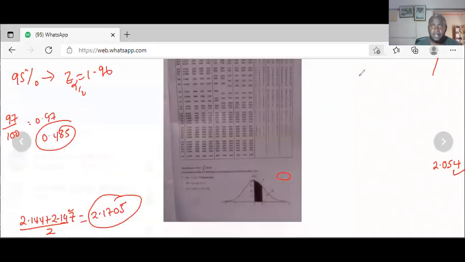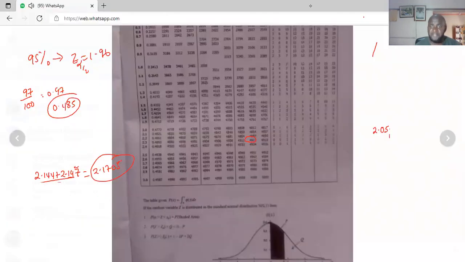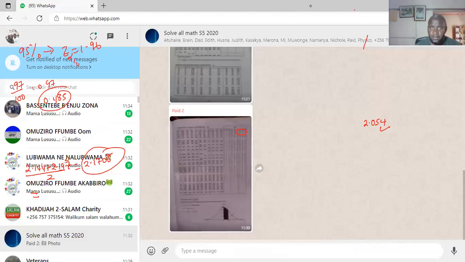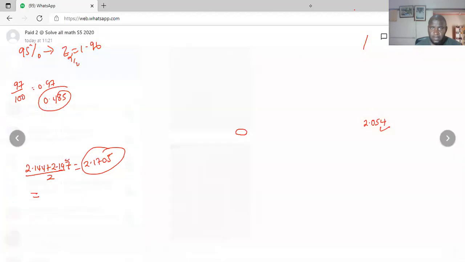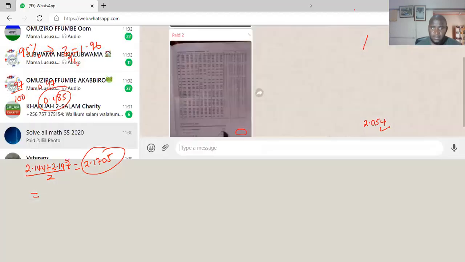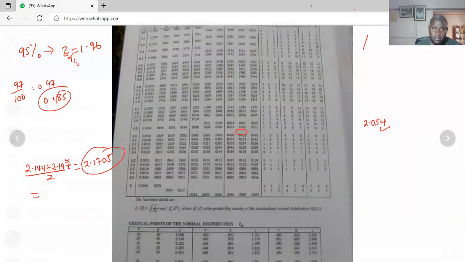There you are using page 50. And the second confusion: when do you use page 50 and page 51?